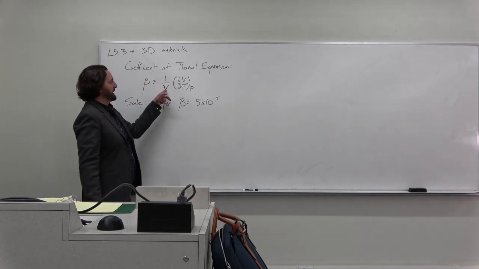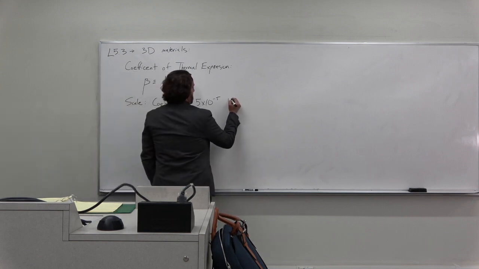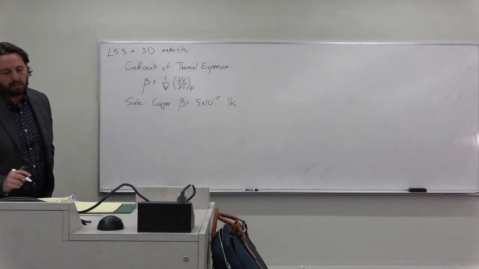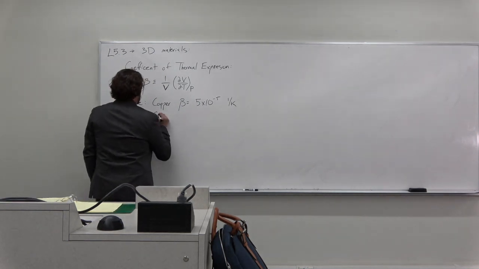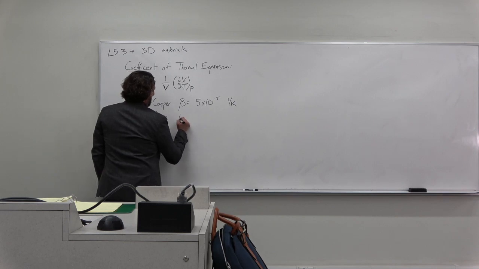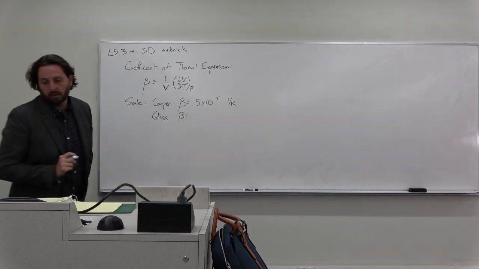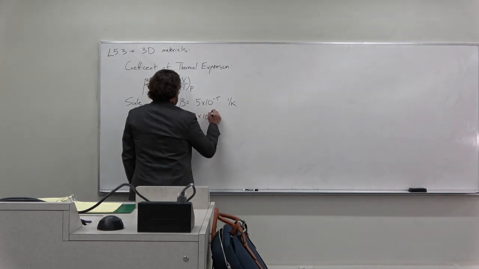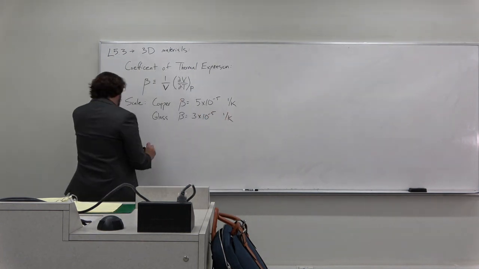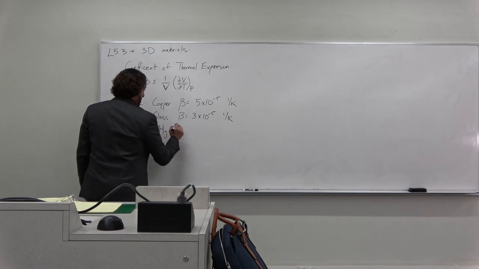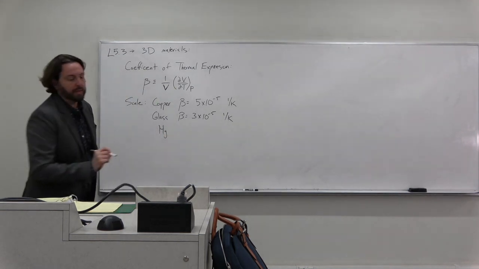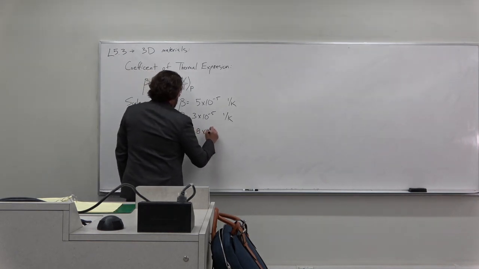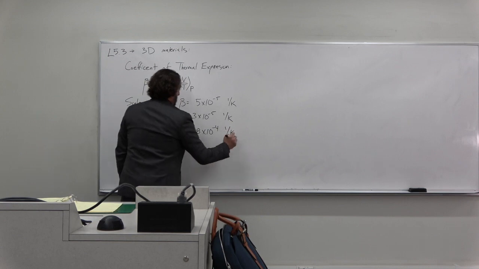Well, volume divides out volume, so our units are inverse Kelvin. So glass, beta is 3 times 10 to the minus 5, inverse Kelvin. And mercury is 1.8 times 10 to the minus 4, inverse Kelvin.